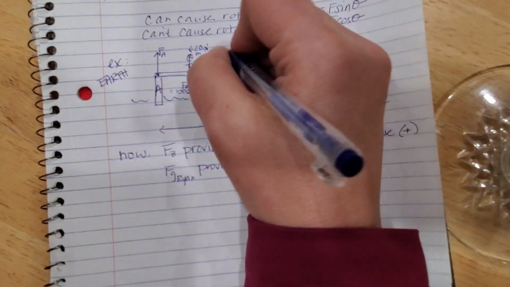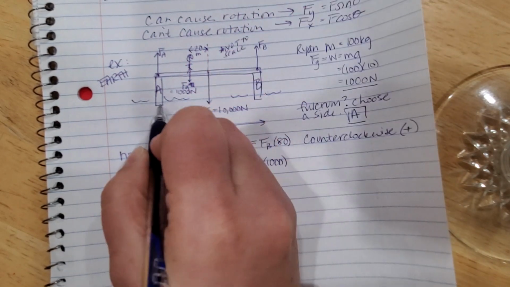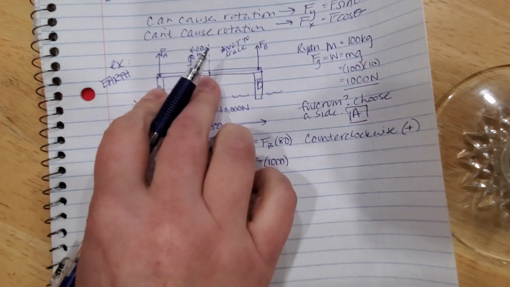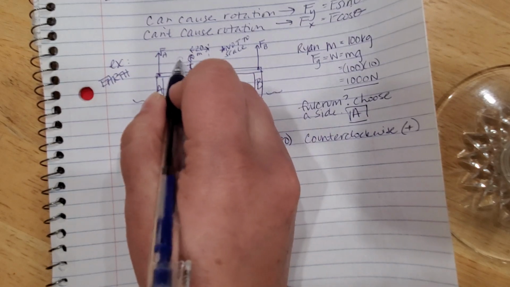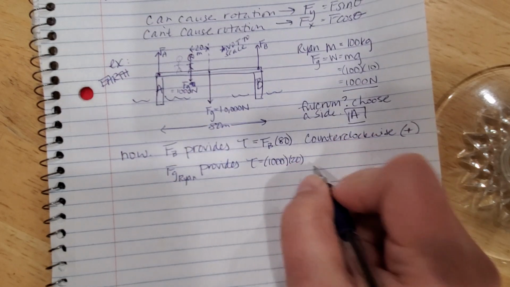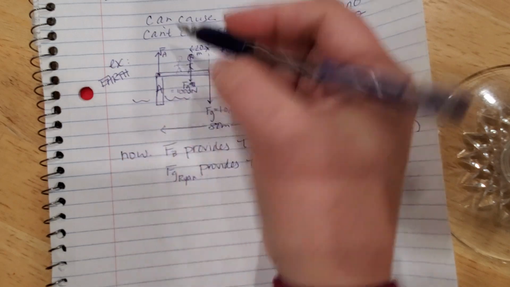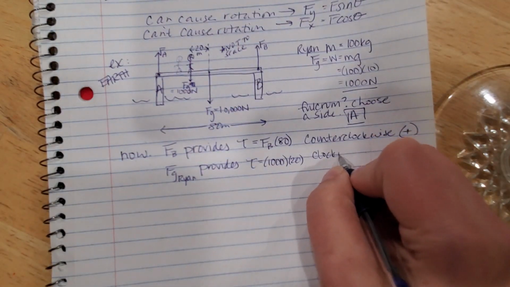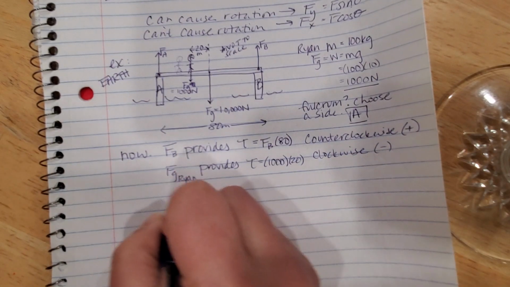This is not drawn to scale, because if the bridge itself is 80 meters, the center of mass would be 40, and if he's 20, I should have drawn him in the middle. A little bit would have been better, right about here. Anyway, so he's 20 from here, 20 meters. All right, and if this were allowed to rotate, he would be pushing down and it would move clockwise. And we would say that's negative torque.